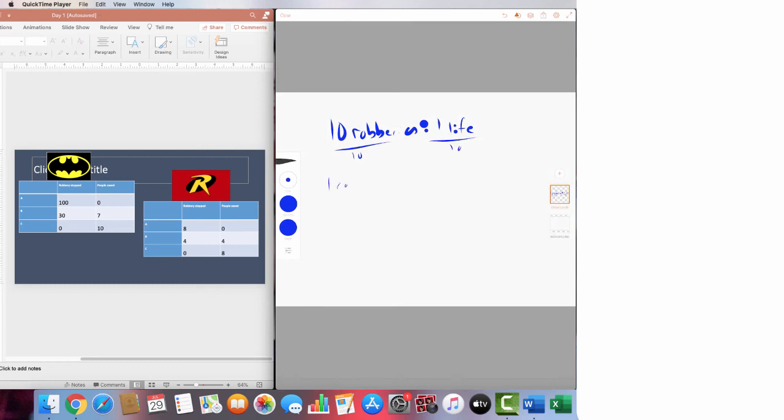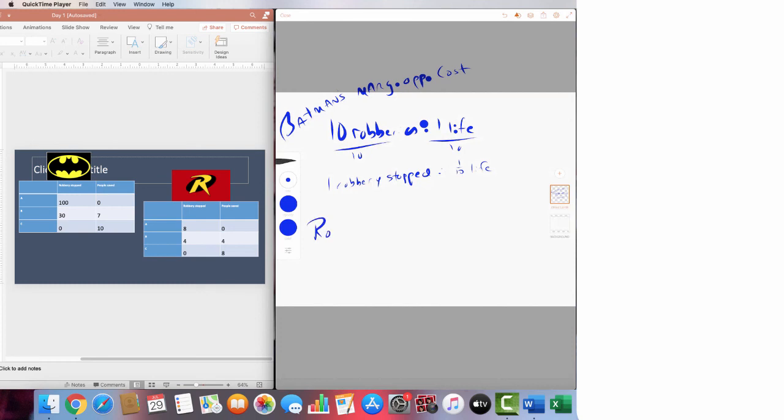So one robbery stopped costs Batman 1/10 of a life saved. That's Batman's marginal opportunity cost. To stop one robbery, he gives up 1/10 of a life.